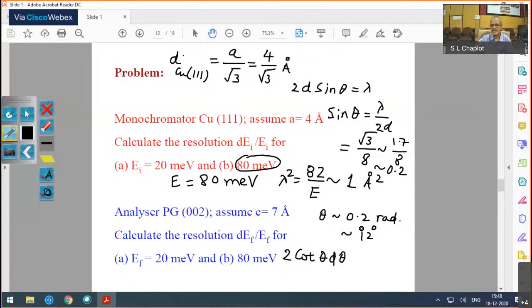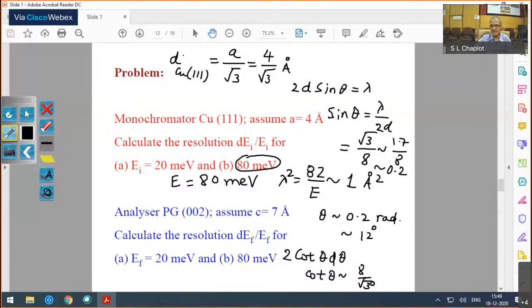If I have sine theta, then cot theta would be approximately 1 over sine theta, because cos theta would be close to 1, and therefore that would be like 8 over root of 3. Inverse of this. So that is what you get.